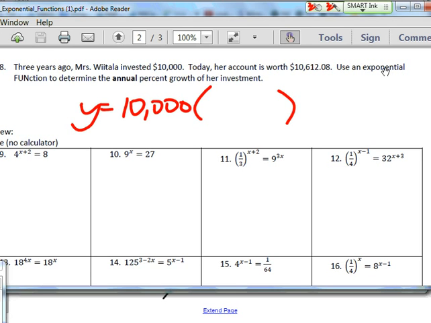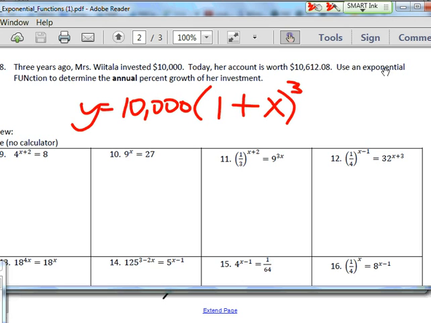How do you always start? 1. Is this growth or decay? Growth. So why did I put a plus for 1? Sorry. 1 plus for growth, and then what's the amount it grows by? Doesn't tell me. x. Now, does it tell me how many years she invested?